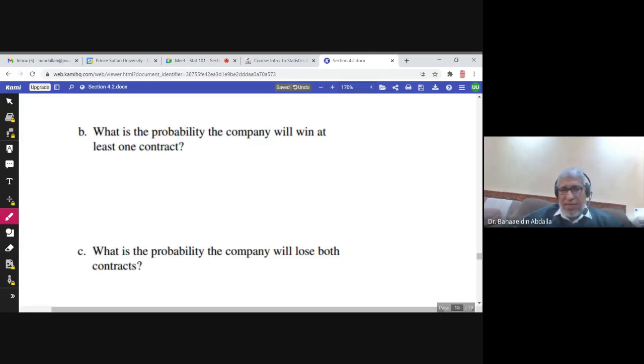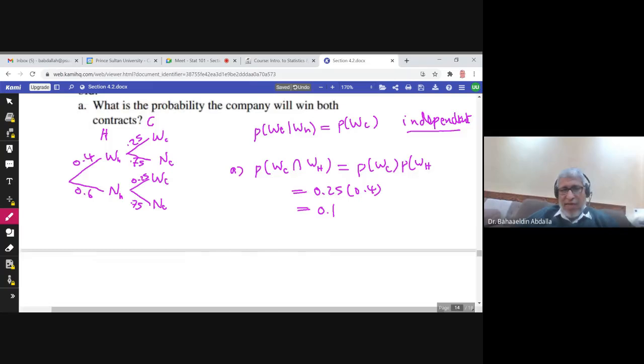What is the probability that the company will win at least one contract? Winning at least one contract means winning H or winning C. So this is the sample space of this experiment.